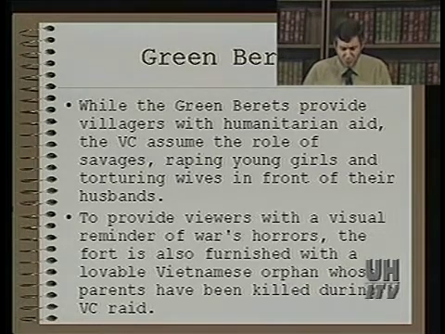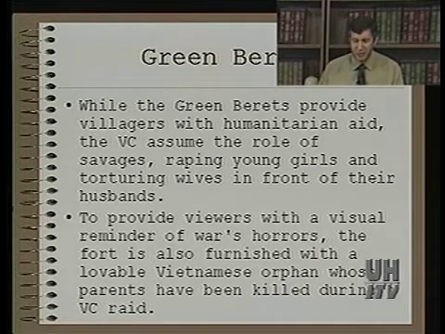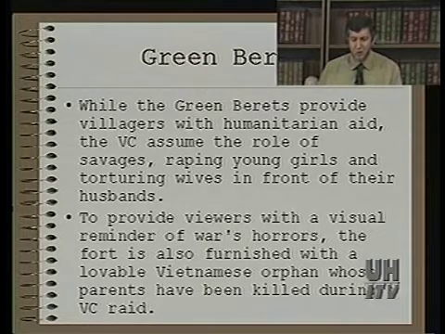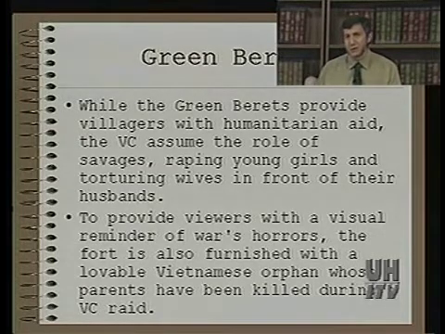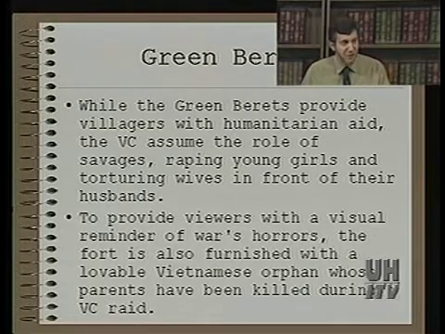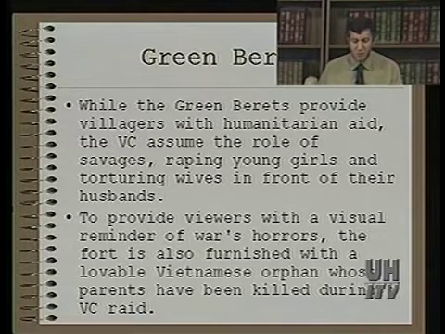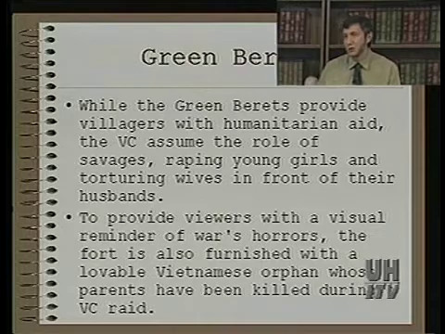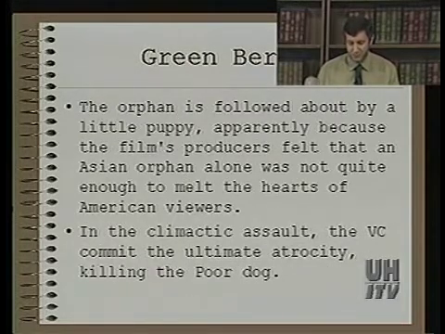While the Green Berets provide villagers with humanitarian aid, the Viet Cong rape young girls and torture wives in front of their husbands. To provide viewers with a visual reminder of the war's horrors, the fort is also furnished with Vietnamese orphans whose parents have been killed in a Viet Cong raid.